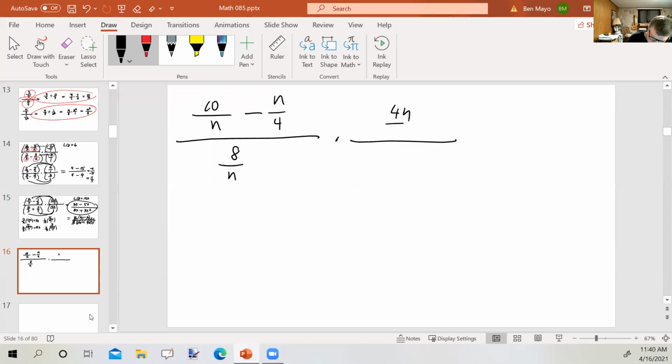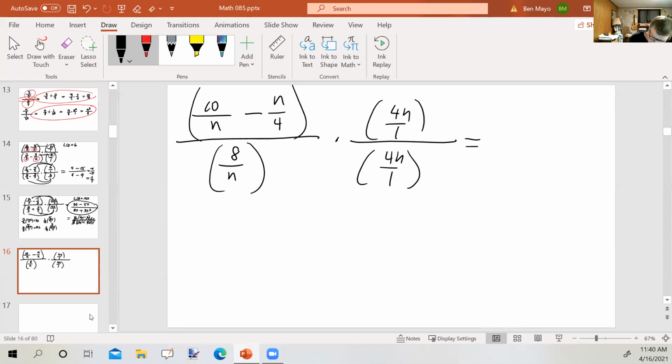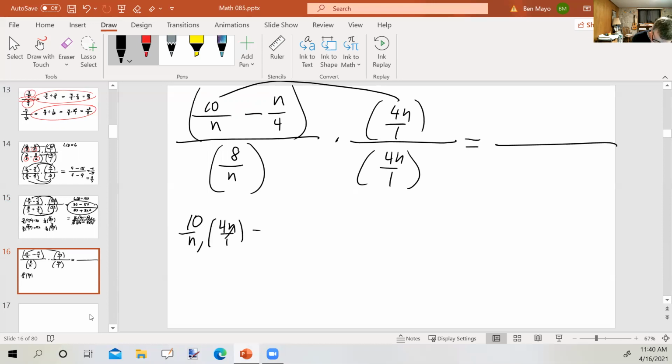So I'm going to multiply the numerator and the denominator by 4n. Distributing, 10 over n times 4n over 1 would be 40, minus n over 4 times 4n over 1 would be n squared.